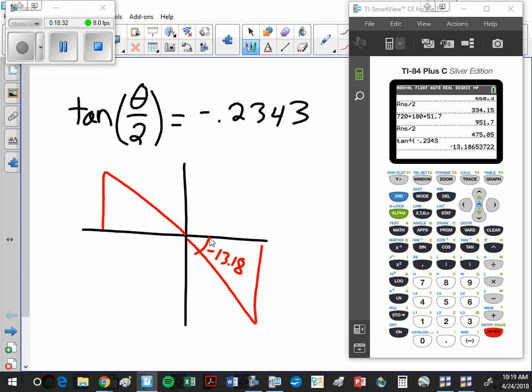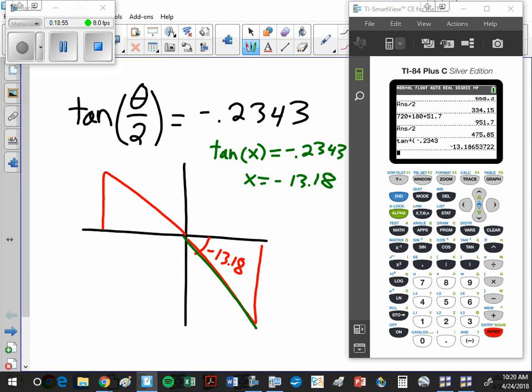So let's think of it this way. The tangent of x is negative 0.2343, so x is negative 13.18. But there are other possibilities for x. How many angles are there that land right here? An infinite number.